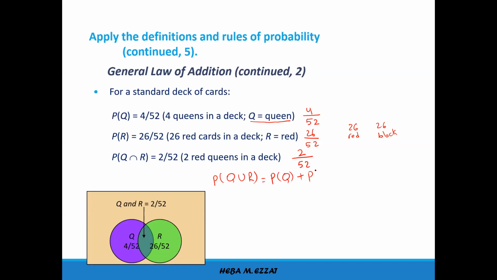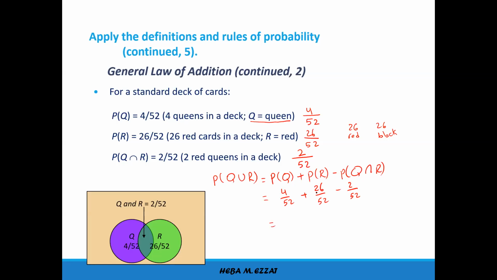So we have to write down the rule, and the rule says that the probability of queen plus the probability of red minus the probability of their intersection. So we just substitute: the probability of queen is 4 divided by 52 plus 26 divided by 52 minus 2 divided by 52.